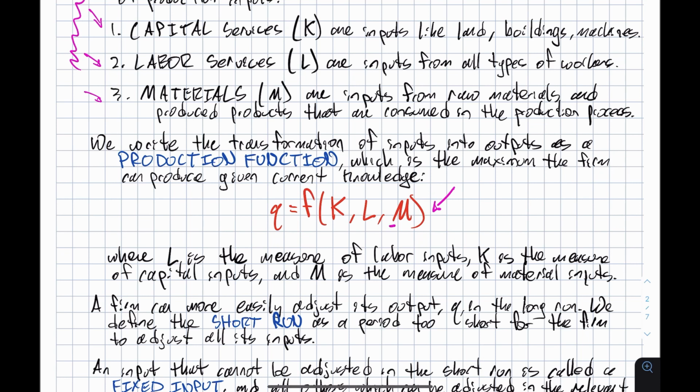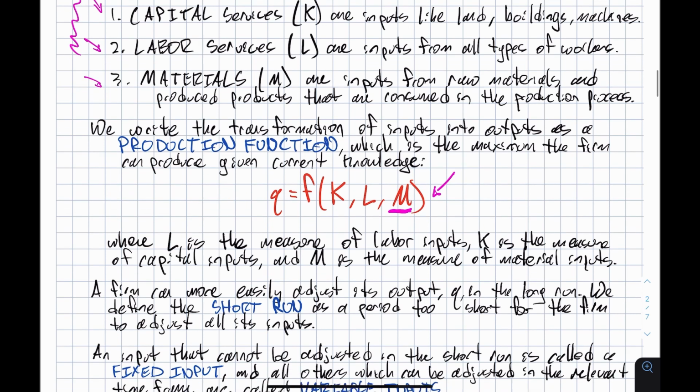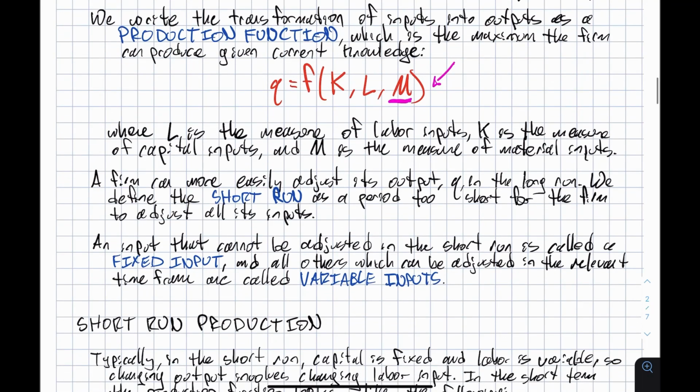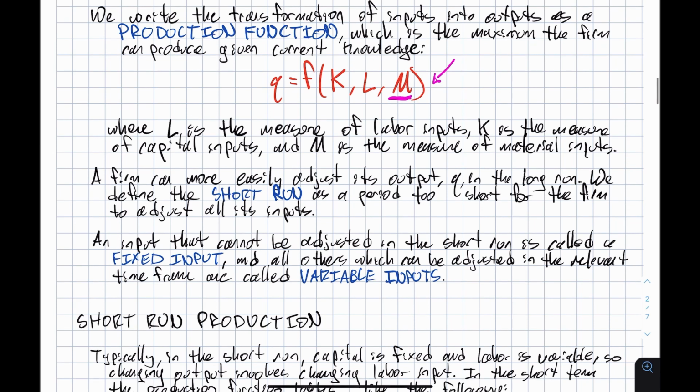I've included it here just to note that in the background, materials are included in the production function. But because there's no trade-off involved, and because economics is about trade-offs, this ends up complicating our models in ways that aren't useful, at least at this level.